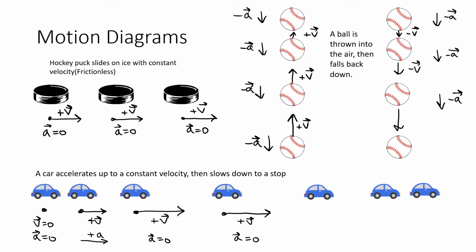But then we hit the red lights. We need to start slowing down. We need to decelerate. We need acceleration in the opposite direction. So we slow down a bit. We still have a positive velocity, but our acceleration is opposite. Running out of room.